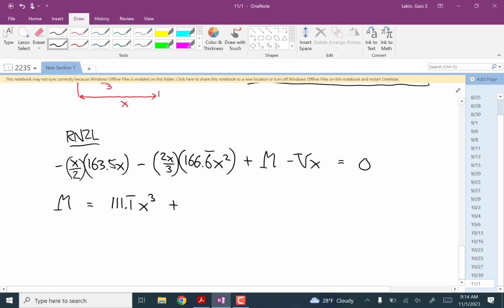Plus, now the first term above, what's that, 81.75? Yeah, that looks right. Okay, x squared. And then plus Vx.